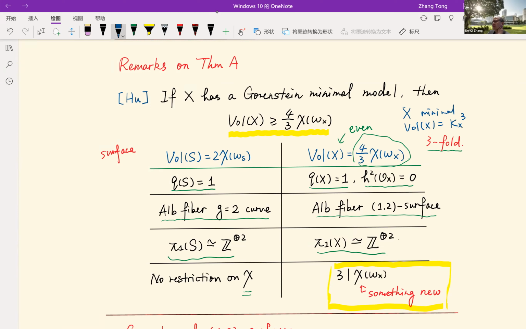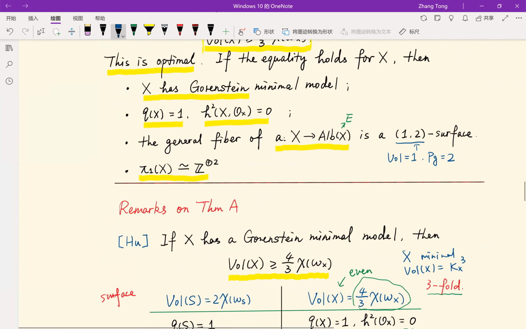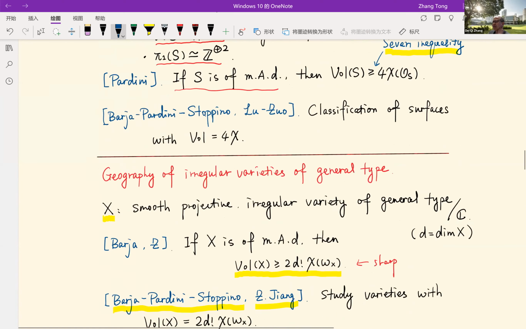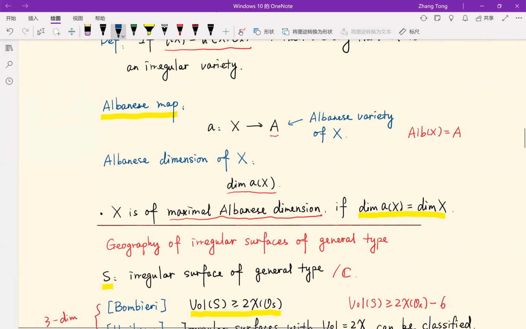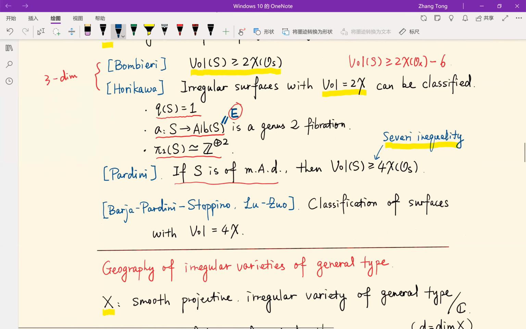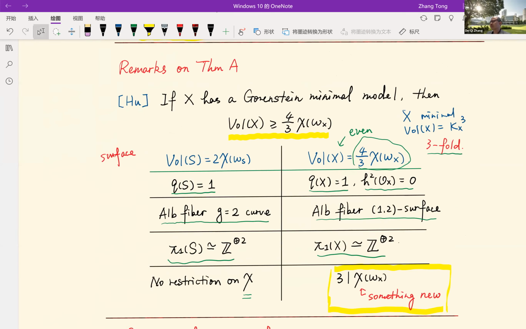You don't divide by 3 factorial? No, that factor has been divided in the definition. Oh, okay, I was just confused. Okay, thank you for your question. So in fact, since the minimal model has a Cartier canonical divisor, from the Riemann-Roch formula you can get that this number must be even.